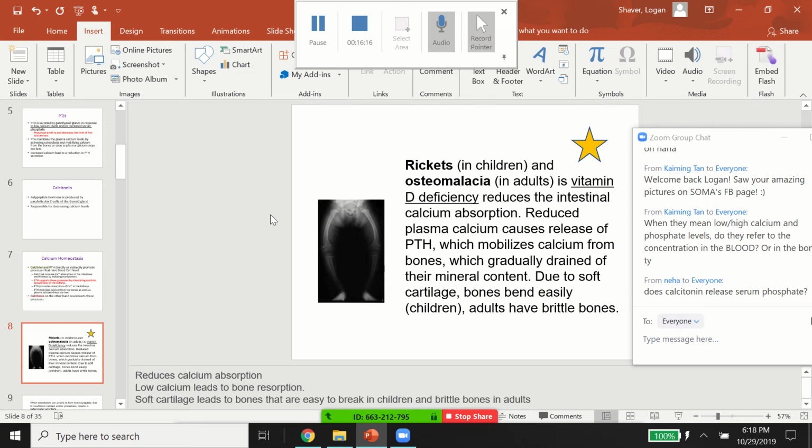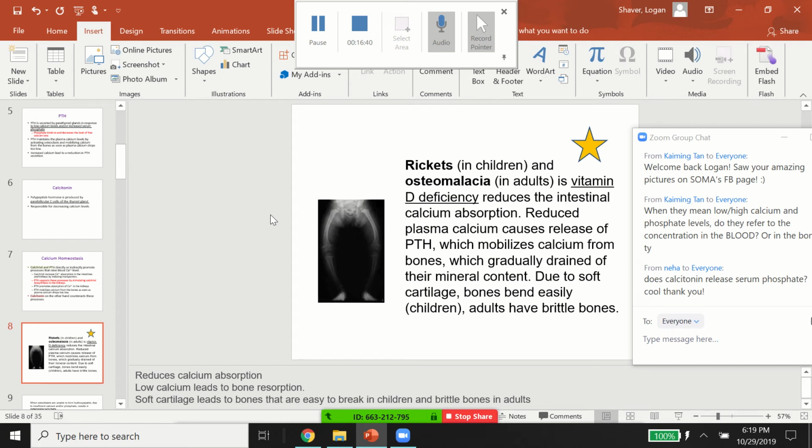Calcitonin doesn't really do much with phosphate, but it does more with calcium. If the calcium levels are high, it's going to be storing it within bone. Does that make sense?